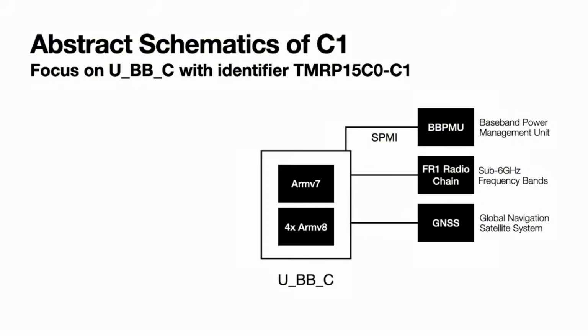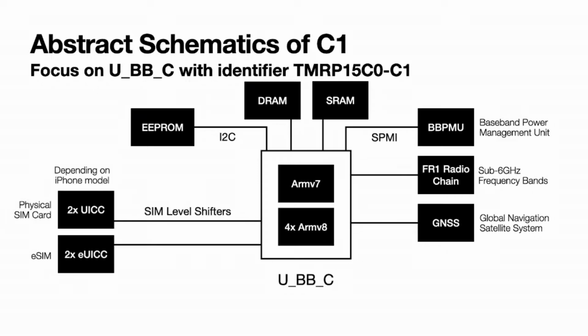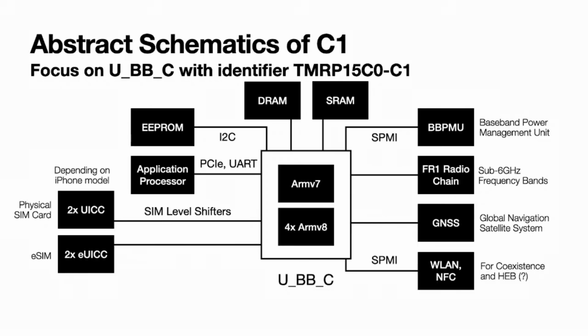It also connects to chips for the global navigation satellite system, like GPS and so on. In terms of storage, it connects to the system's SRAM, DRAM, and also a custom EEPROM. You also want to be able to connect to a network, so you have to plug in your SIM card or install an eSIM profile. Depending on the iPhone model, there are also connections to those components.